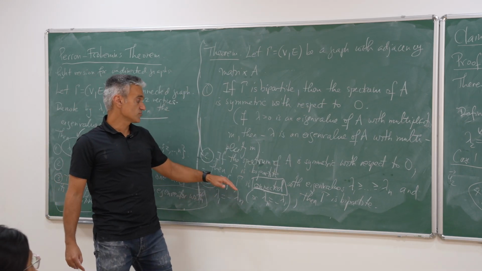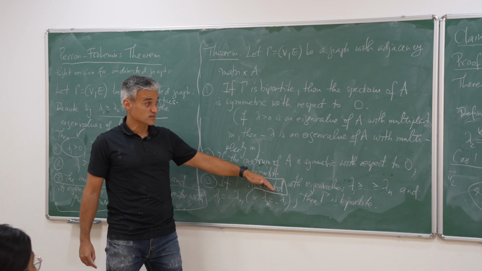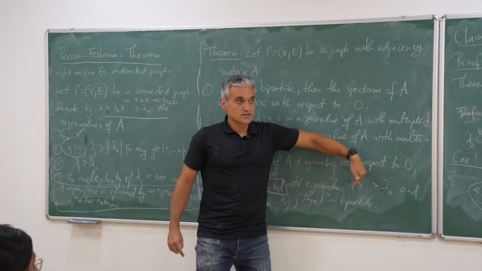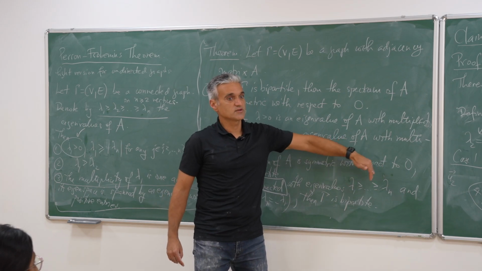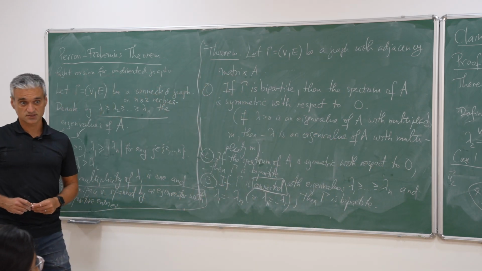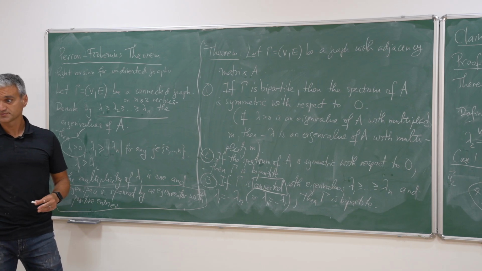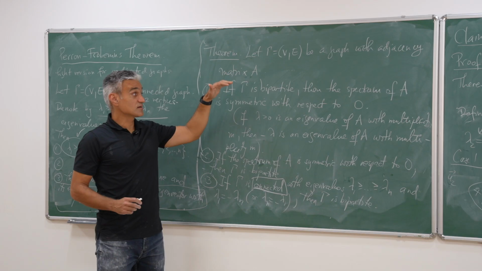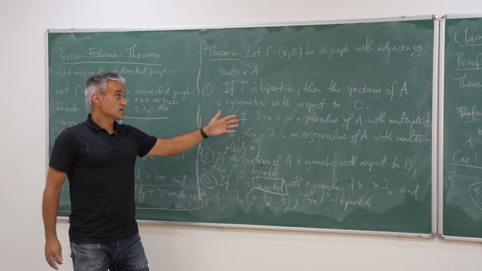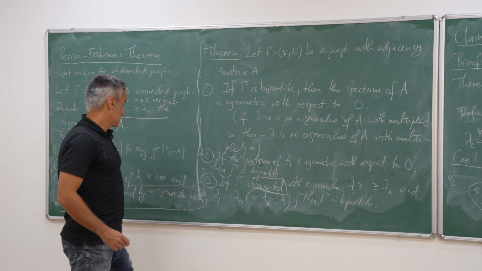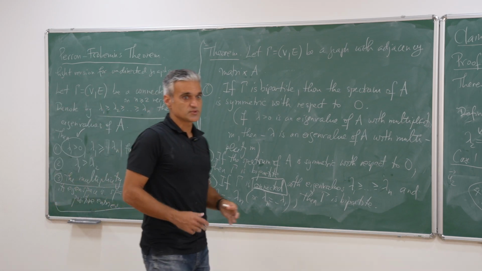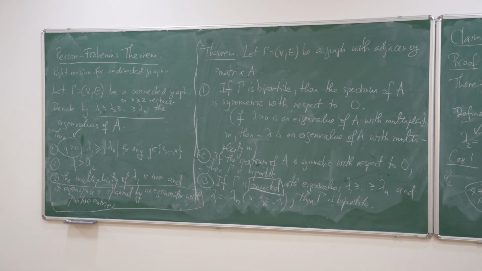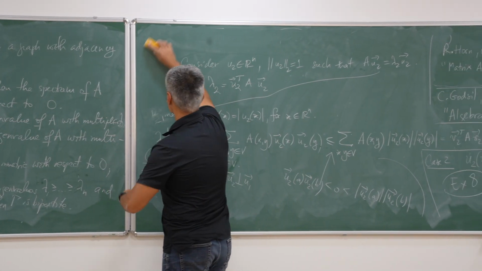And if you apply this to a connected graph with these eigenvalues, then you only need to look at these two. You don't need to check the whole spectrum. If these two are negatives of each other, then gamma is bipartite. Okay. So again, it's a lucky occurrence where you see this, in some sense, equivalence between a combinatorial property and something about linear algebra, about the matrices. So let's go over the proof.